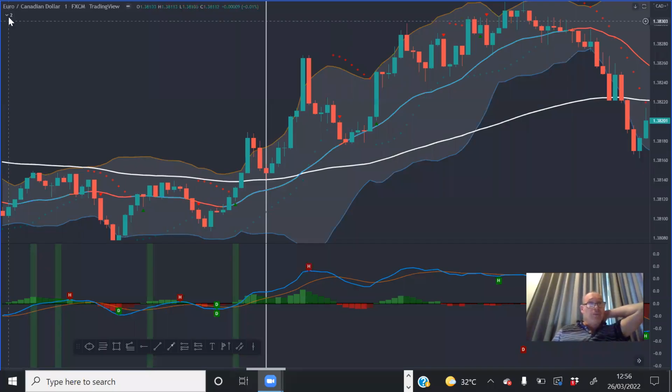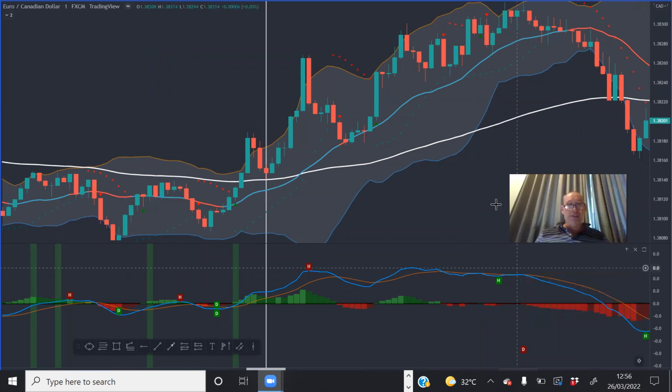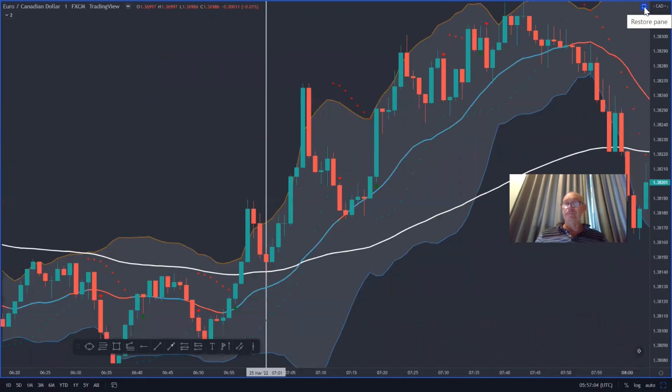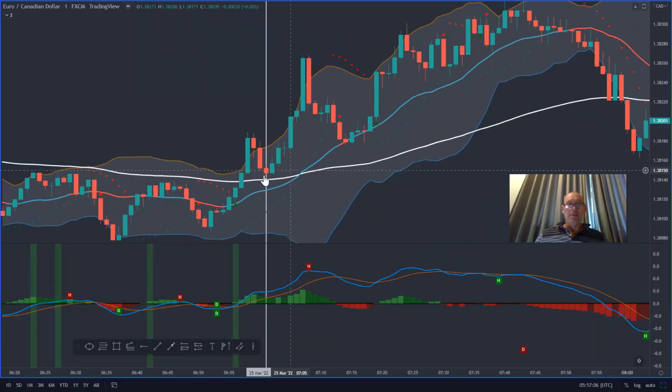This is a chart, ladies and gentlemen. EUR/CAD. I'm using FXCM on the 1 minute time frame. This is based on UTC, which is London, and I've set that currently at 0700.